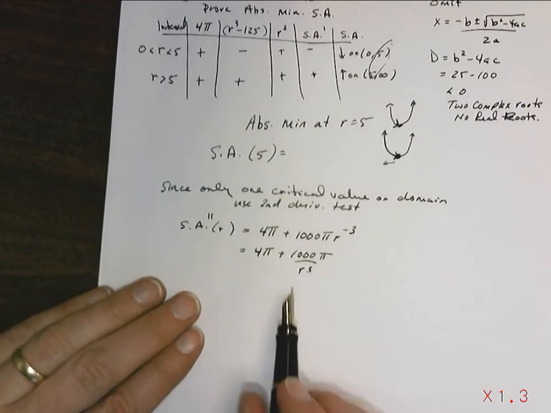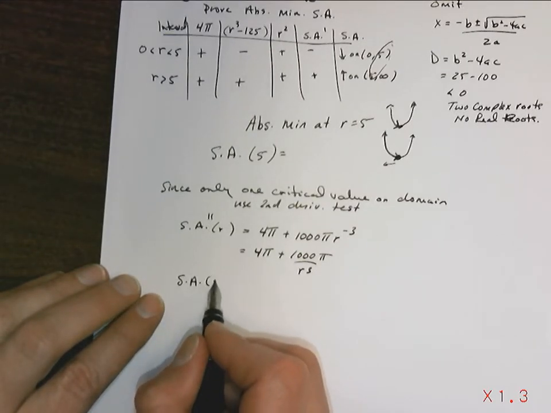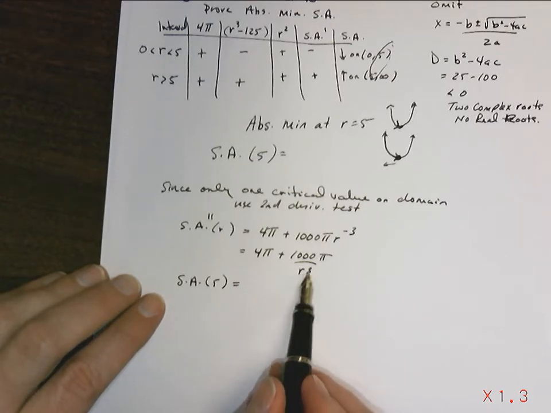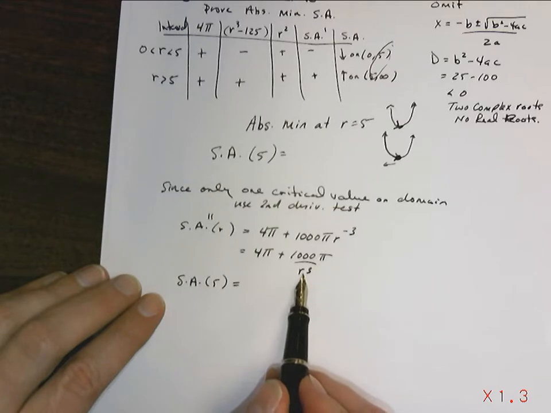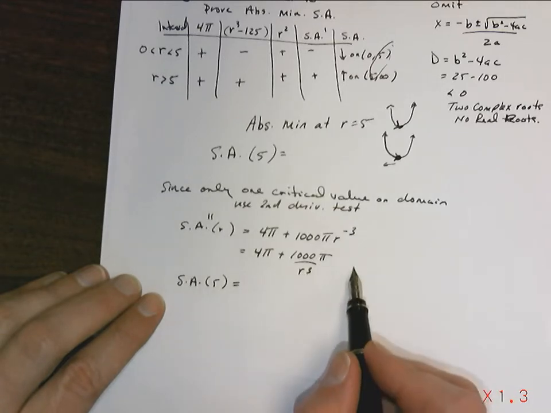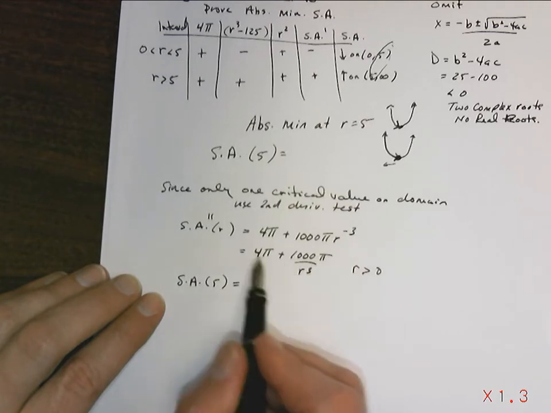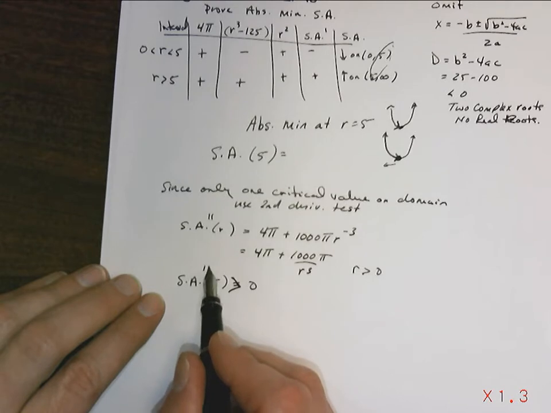What you're interested in is whether that will be positive or negative at r equals 5. Looking at it, you realize this is always going to be positive with r being greater than 0. So this whole thing is always going to be positive.